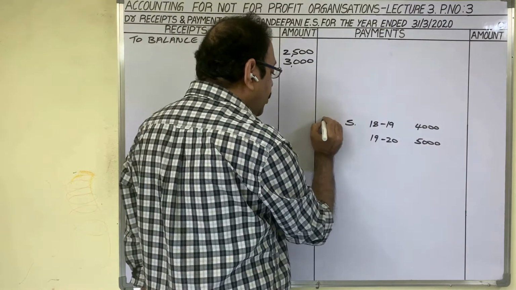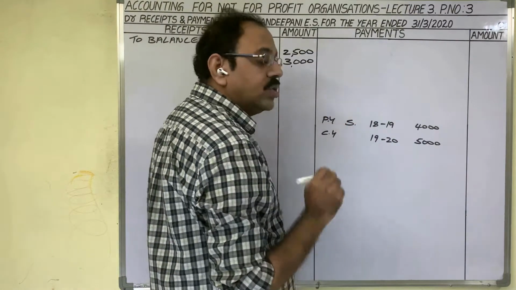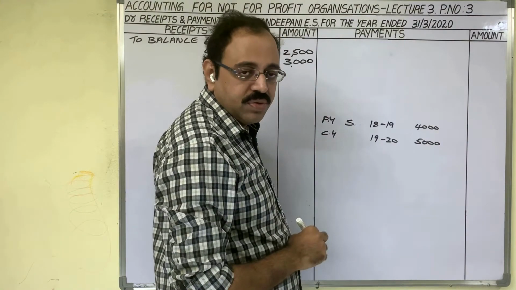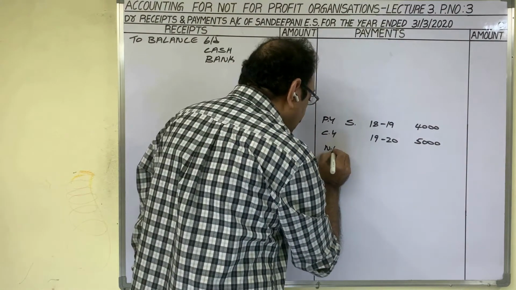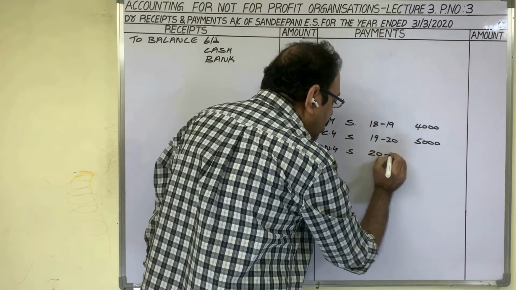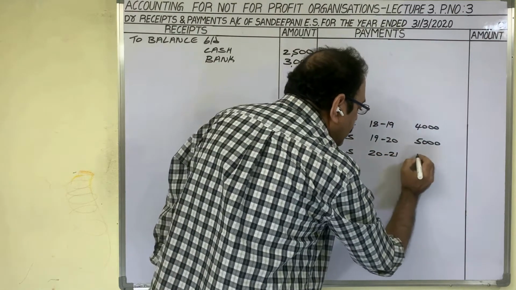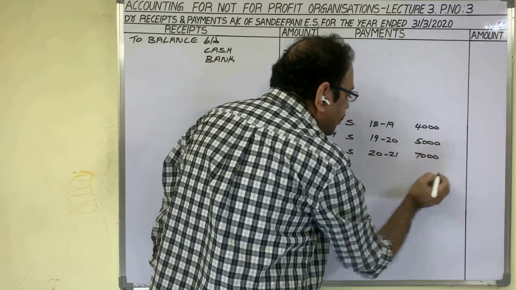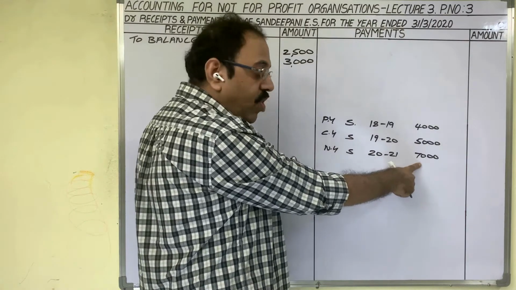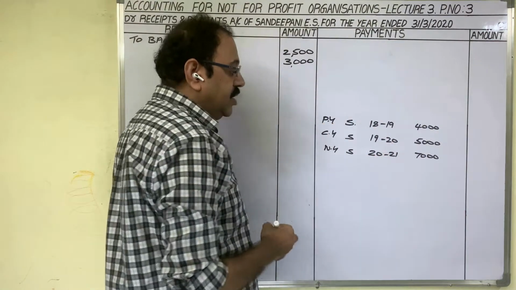2018-19 is the previous year. Suppose next year's income is also given in the question. Next year's subscription, next year is 2020-21, no? Say 7000 rupees. This is not given in the question; I am taking it as an example. So what is the meaning of this information?